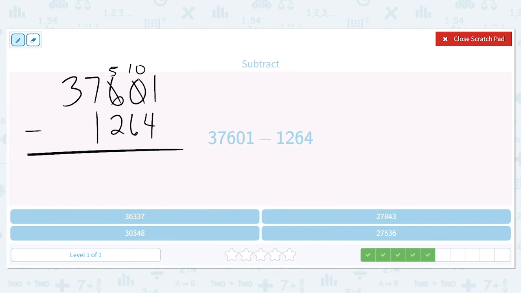And now we can borrow from the 10, make that a 9, and this an 11. 11 minus 4 is 7. 9 minus 6 is 3. 5 minus 2 is 3. 7 minus 1 is 6, and we bring down the 3. 36,337.